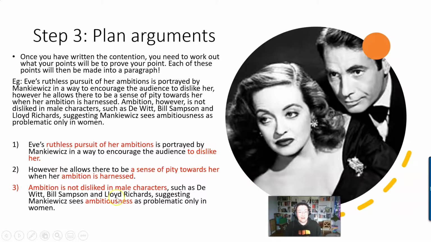And then I'm going to do a paragraph about how we have a sense of pity towards her at the end when her ambition is harnessed by DeWitt, where he kind of takes control of her. And then my third paragraph is going to say, ambition is not disliked in male characters such as DeWitt, Sampson, and Lloyd, suggesting that Mankiewicz sees ambitiousness as problematic only in women. Okay, so that's going to be my third argument.